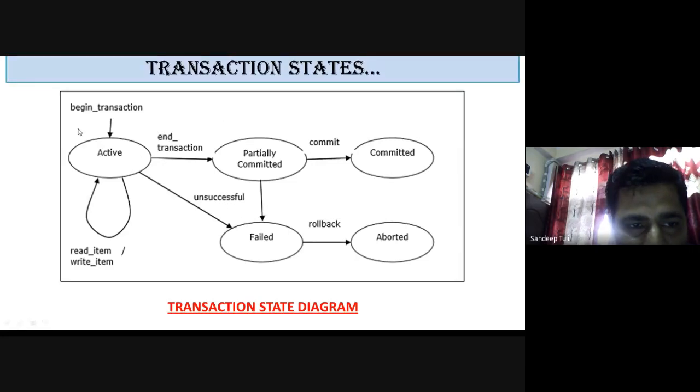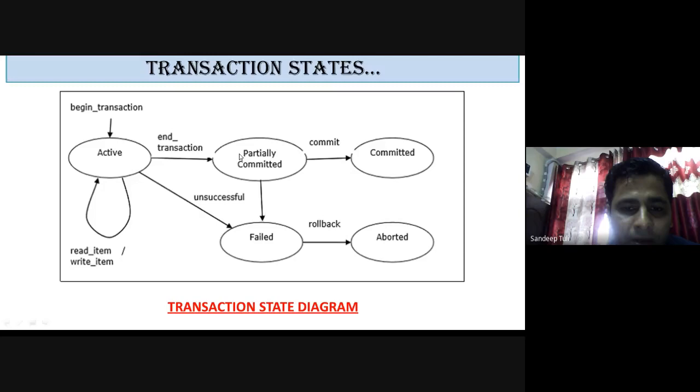Begin transaction means the transaction has started, and commit means it has been successfully completed. Right now, after active, I am talking about end transaction, which is when the statement before the commit statement has executed. Then it will be in the partially committed state.